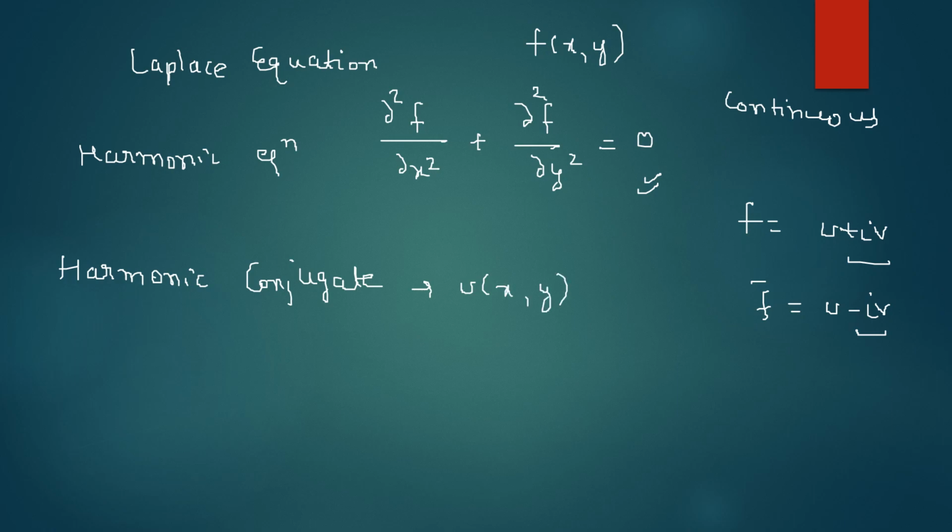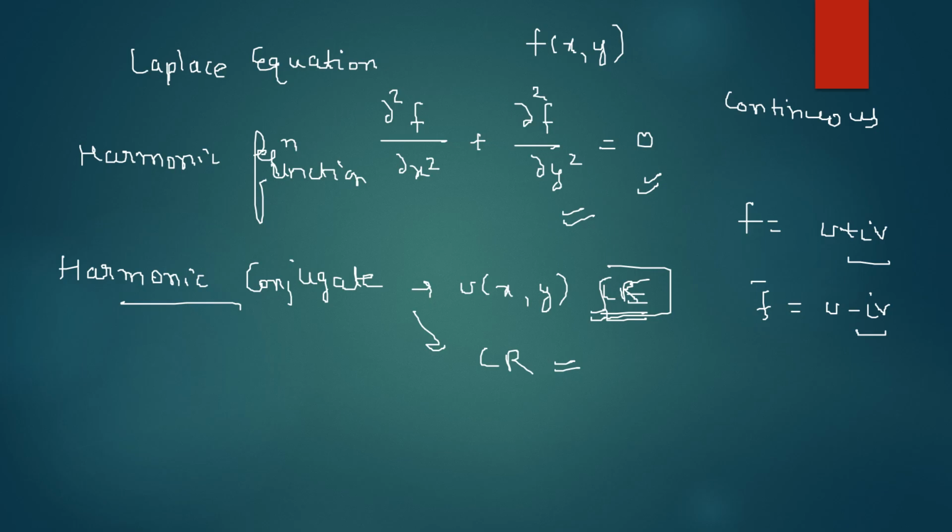That function is harmonic because it is satisfying the Laplace equation. But to become a conjugate, apart from the Laplace equation, it has to satisfy the Cauchy-Riemann equation as well. So if the function is satisfying only Laplace, it is a harmonic function, and if it is satisfying both the Laplace equation and the Cauchy-Riemann equation, then it is a harmonic conjugate. Is it clear?